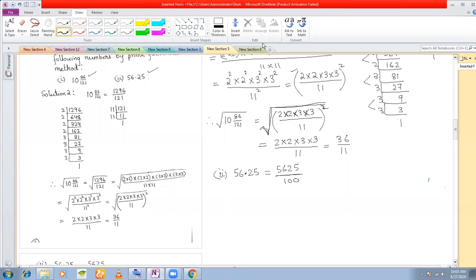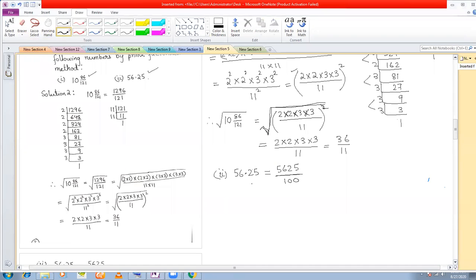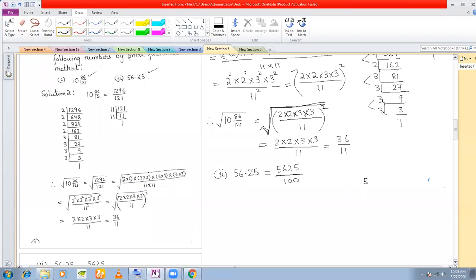Okay, so now what we'll do is we'll again prime factorize the numerator and the denominator. 5625. Is it divisible by 3? Yes. So this is 3 1, 3 8, 3 7, 5, 3 6, 3 2, 5.